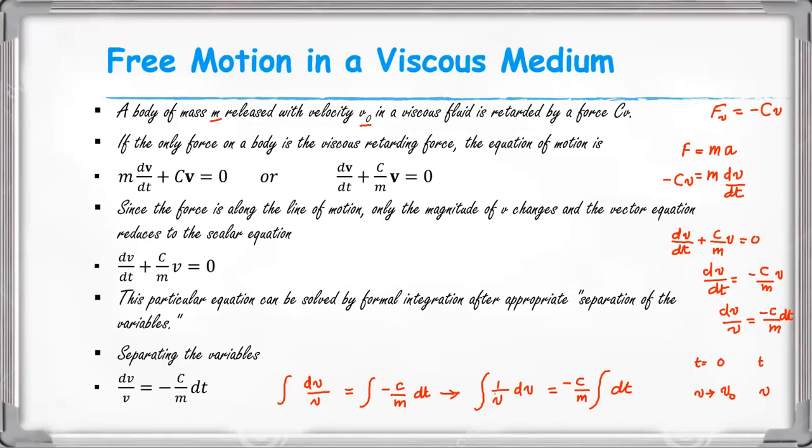Then applying the limits, we integrate from 0 to t, and at the same time the limit on the v side must be v0 to v.